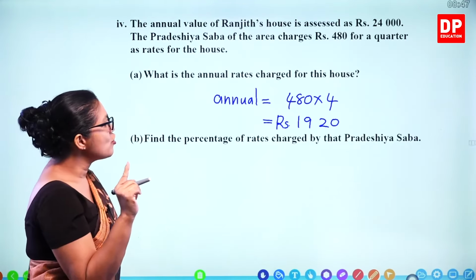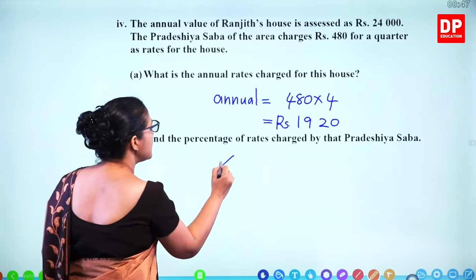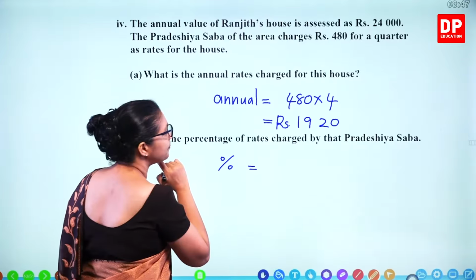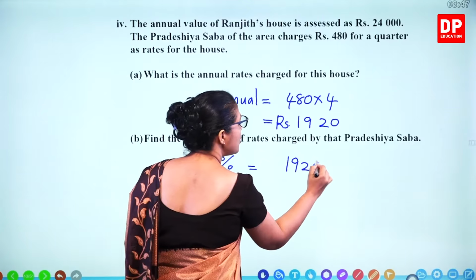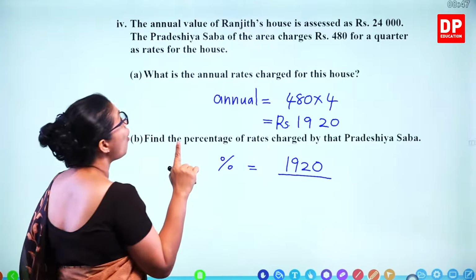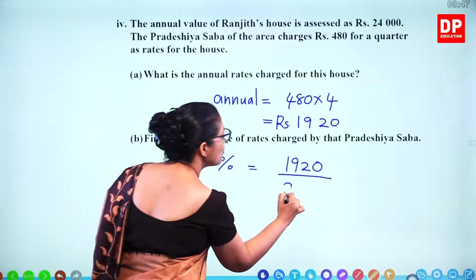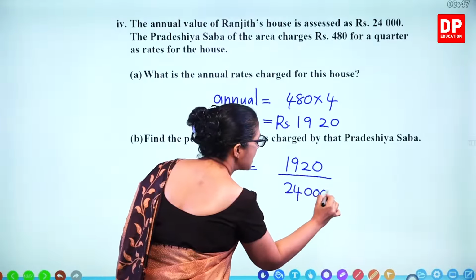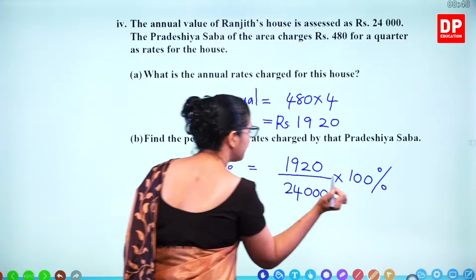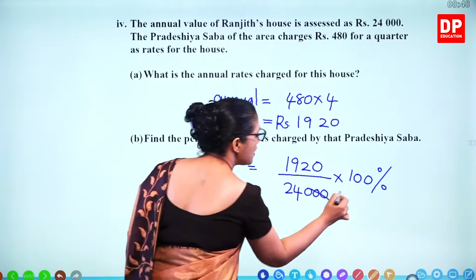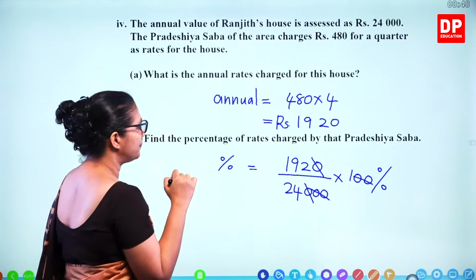Find the percentage of rates charged by that Pradeshya Sabha. So the percentage value is, he has to pay 1920 for 24,000 rupees. The assessed value is 24,000 rupees. So as a percentage, you multiply by 100%. Now simplify. 2 zeros get cancelled out and 1 zero with this one.